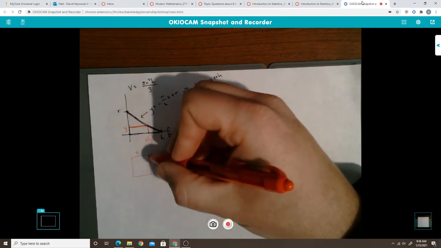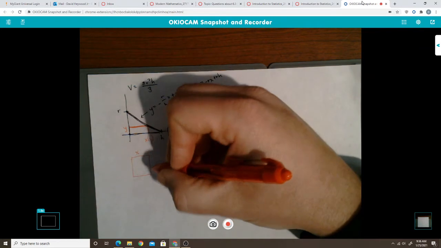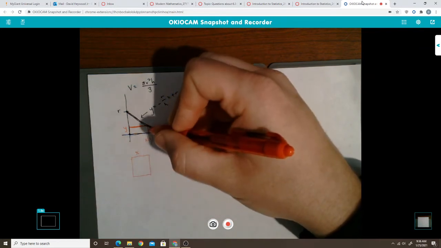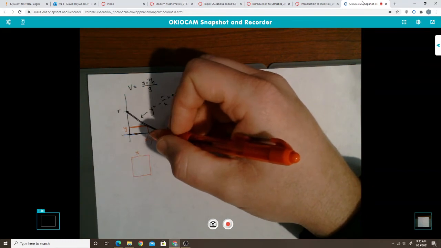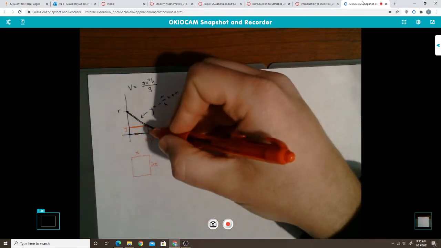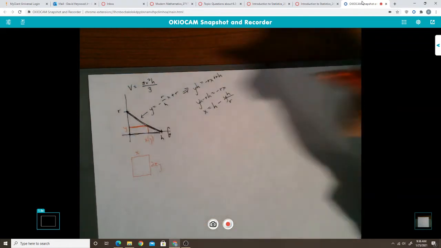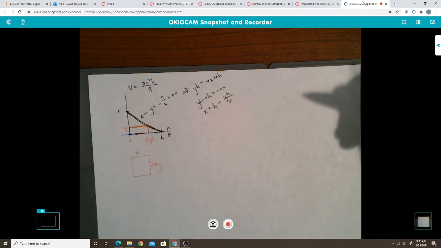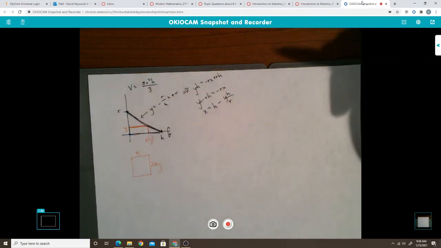The length of the rectangle is going to be the circumference of the cylinder, which is 2 times pi times r. Well, what's r? R would be y, right? So it's 2 pi times y. Okay, so the area is going to be x times 2 pi y.